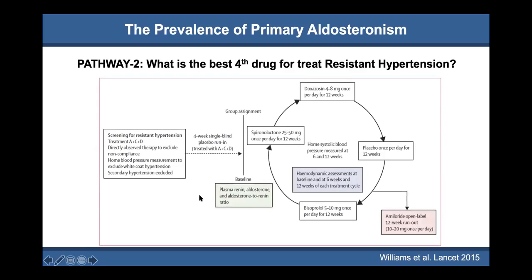They first excluded secondary hypertension among patients with resistant hypertension. In other words, a hypertension expert measured a renin and aldosterone and deemed it to be not consistent with primary aldosteronism. They excluded the possibility, and then participants were enrolled in the study and randomized and crossed over to spironolactone, to doxazosin, placebo, and bisoprolol.